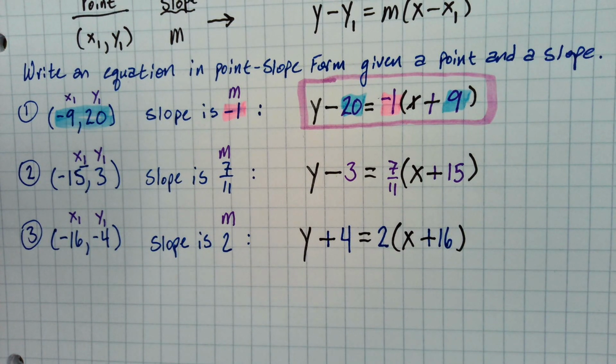Okay, so let's go ahead and try this one. We'll go to delta and put it in. Y plus 4 equals 2 parentheses x plus 16.